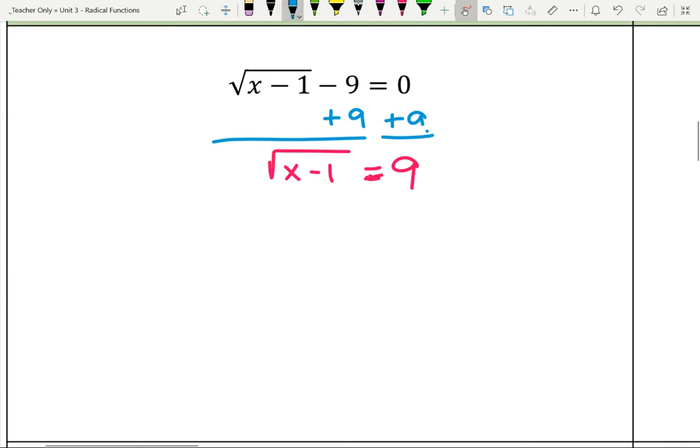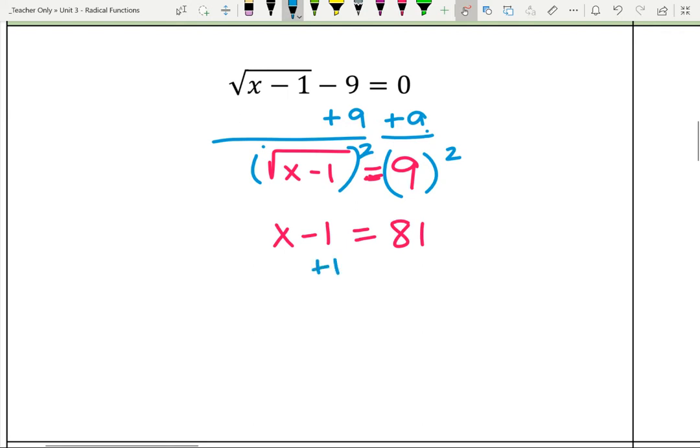We know that we can undo any square root by squaring. And if I square one side, I have to square the other side. That process of squaring makes that radical disappear completely, and all that's left is that radicand, x minus 1, on the left-hand side. On the right-hand side, 9 squared, that's an old friend, 81. So from here, x minus 1 equals 81.